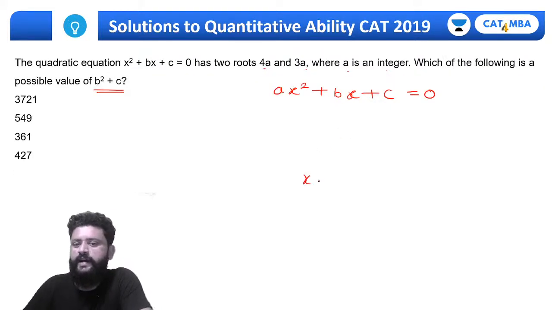See, if alpha and beta are the roots, so x minus alpha and x minus beta must be equals to 0.